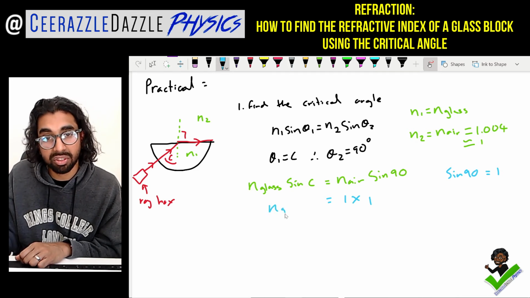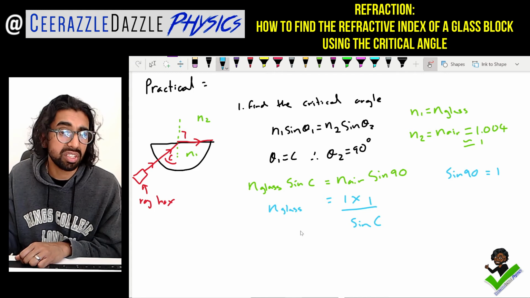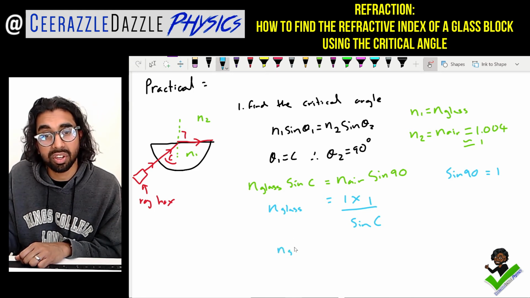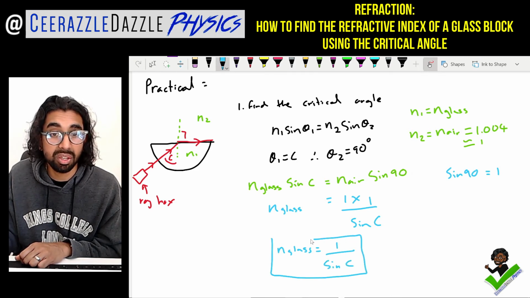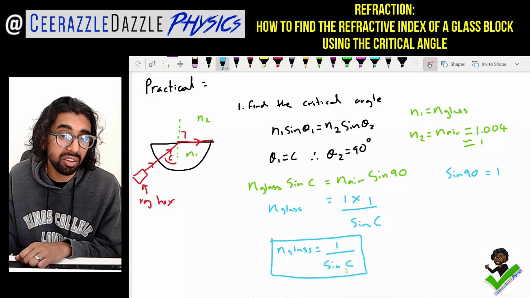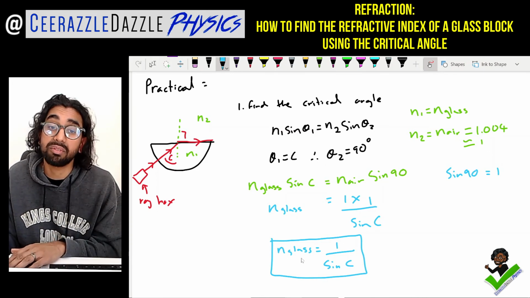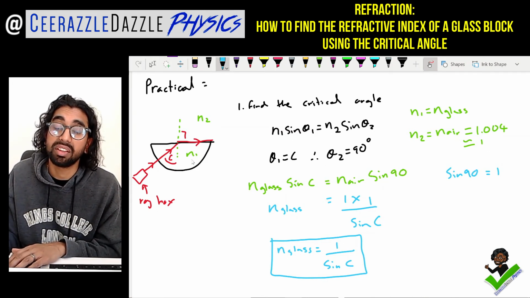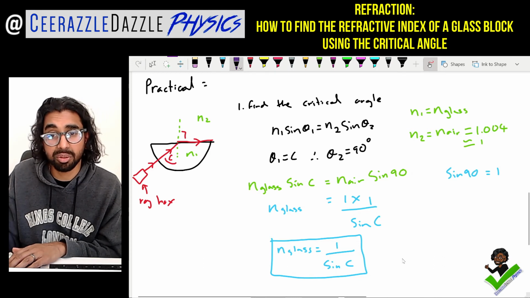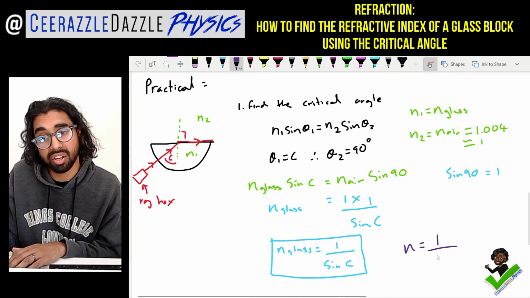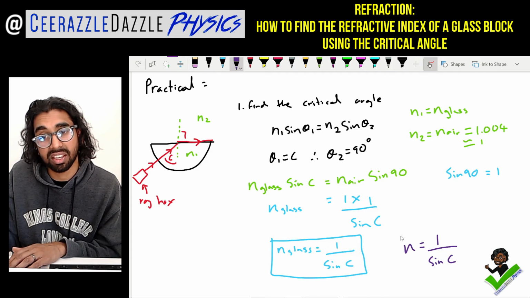So the refractive index of glass is equal to 1 times 1 divided by sine of the angle C, which therefore becomes the refractive index of glass is equal to 1 over sine of the angle C. So obviously if you do this experimentally, you take the value of the critical angle, then you just do 1 over sine of it, and you'll work out the refractive index of the first material over here. So in general, you might not see it as glass, you might just see it as n is equal to 1 over sine of the angle C here, guys.